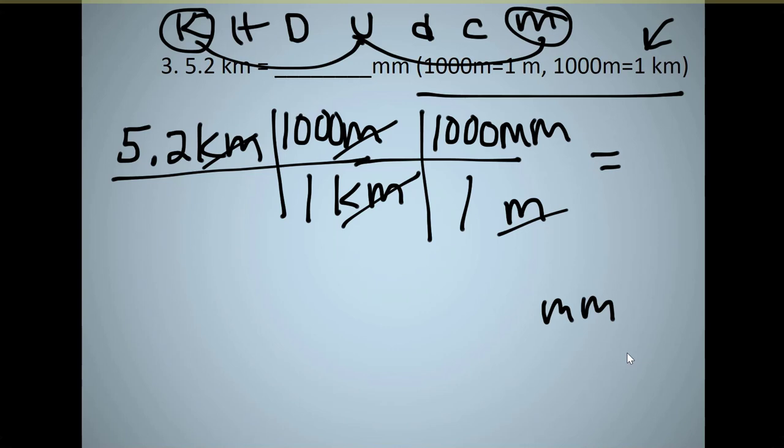And now all I have to do is multiply it out. Because I just have ones here at the bottom, I really am just multiplying the numerators on the top. So 5.2 times 1,000 times 1,000, and I get 5,200,000 millimeters.